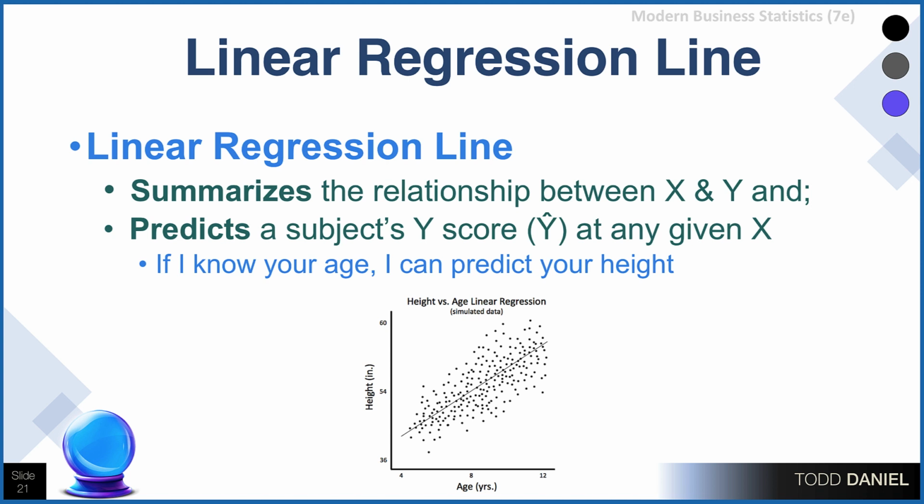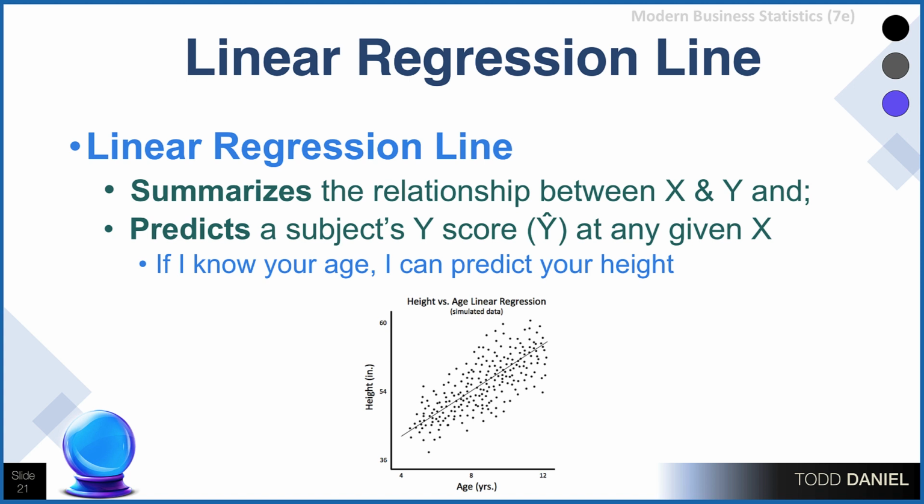So in this predictive model, if I know your age, I could predict your height. I would go across the X-axis until I got to your age, let's say it's 8 years old, and I would go up to the line, and then across to the Y-axis, and I would get a value somewhere close to 54 inches.